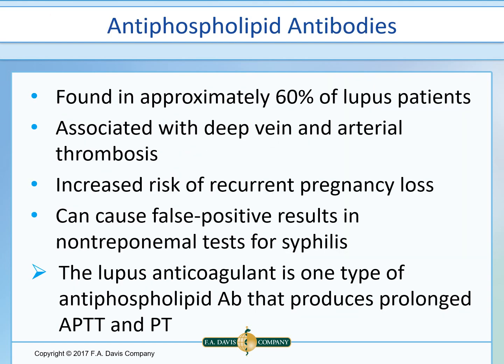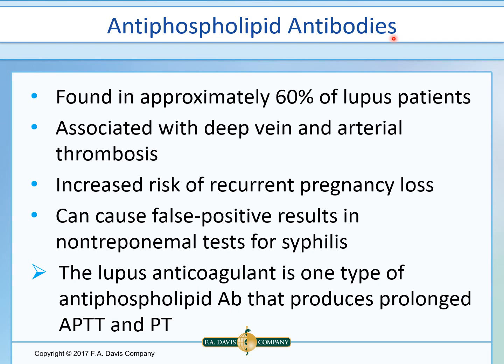The last antibody to discuss related to lupus is the antiphospholipid antibody. So this is found in approximately 60% of lupus patients, and it's associated with deep vein and arterial thrombosis.